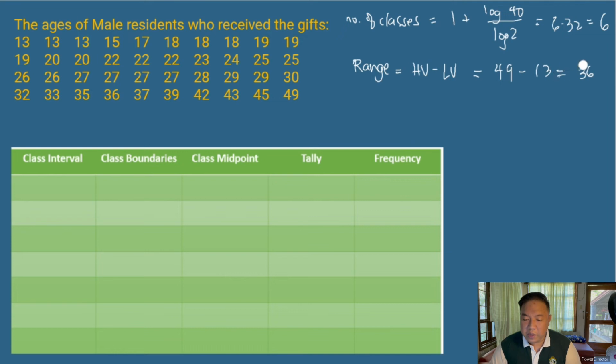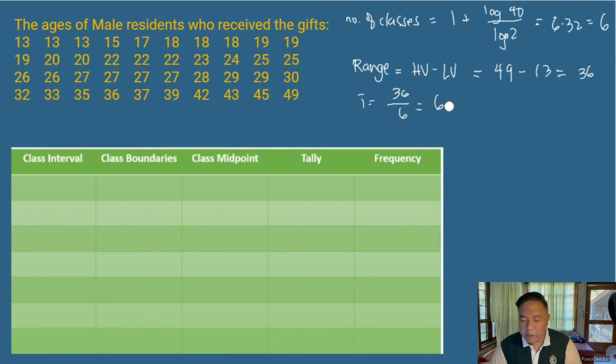So the class width now is 36 divided by 6, which is a whole number already. If your answer for the class width is a whole number right away, then we need to add 1 to your number of classes.